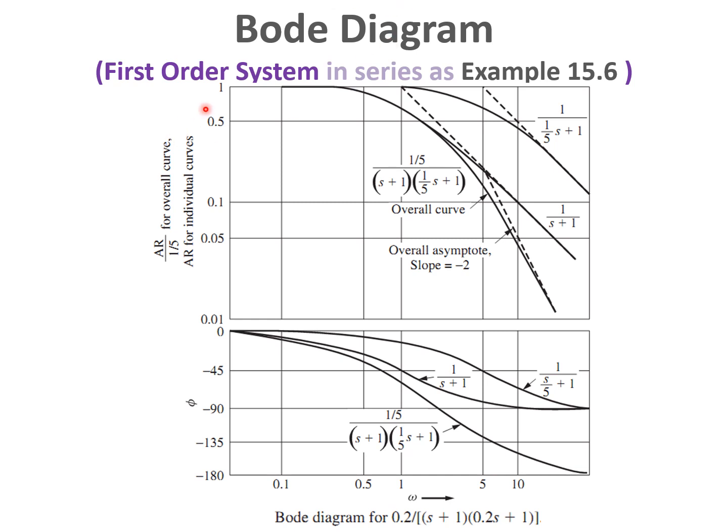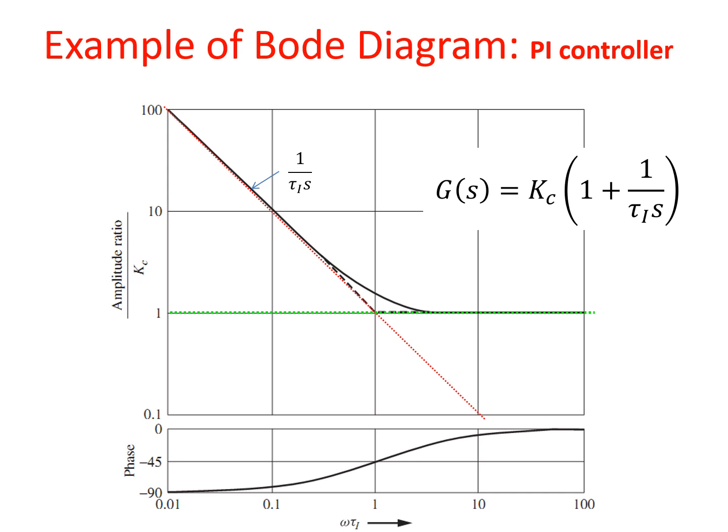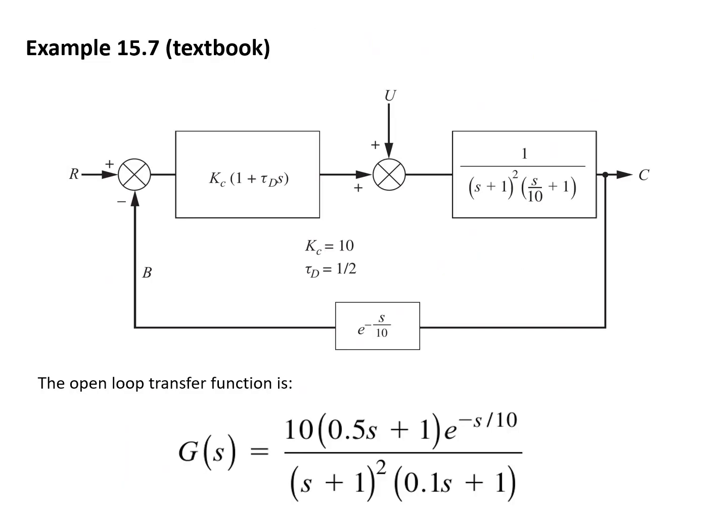So you get two systems, and the overall gradient changes from -1 to -2. So this is the Bode diagram and so on. We can see the different Bode plots.